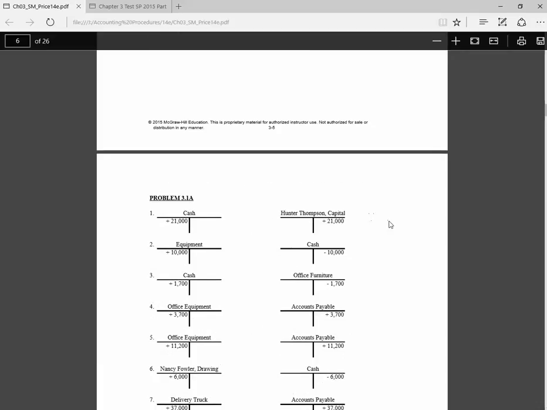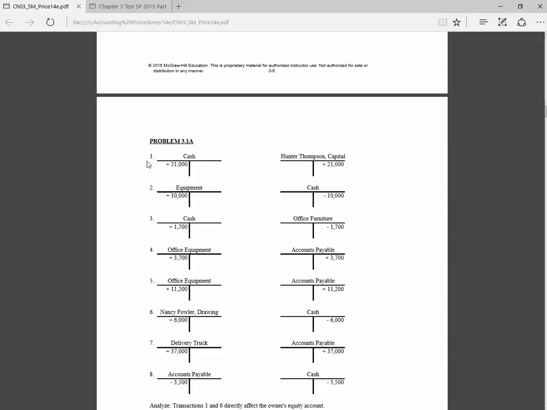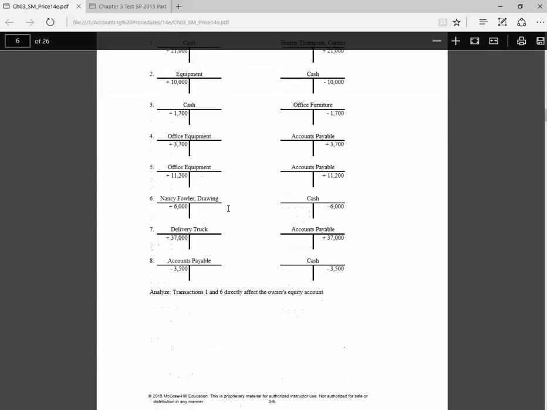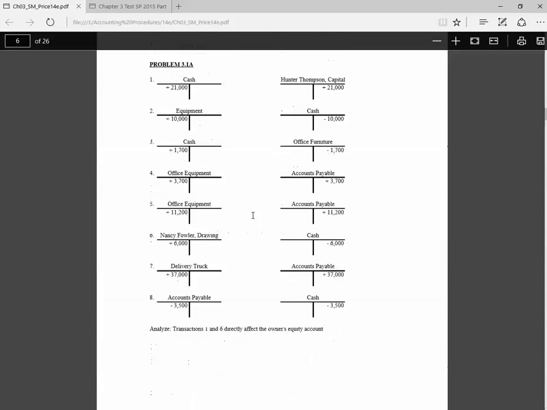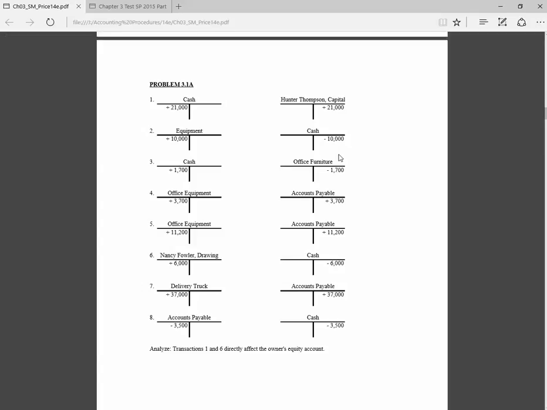So problem 3.1 did throw some people for a loop, and the kicker there is that each one of these items is independent. This is not 10 items or 8 items from one company. Each one is just a separate transaction, and it's an exercise to get you comfortable looking at a transaction and making sure you're recording it in 2 accounts and on the correct sides.